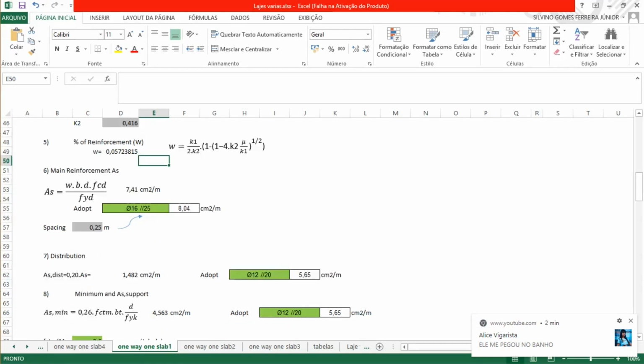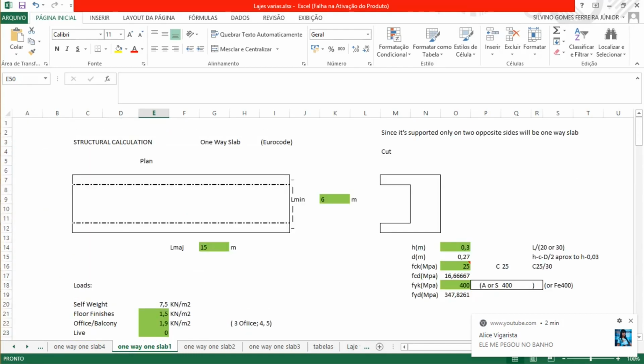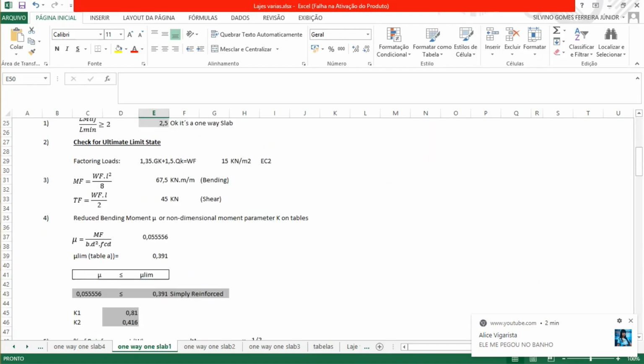We go to the equation of the main reinforcement, and we have the W multiplied by B. By this B, it's 1 meter that we are considering for a section of 1 meter. By D, that is in our case 0.27 meters.